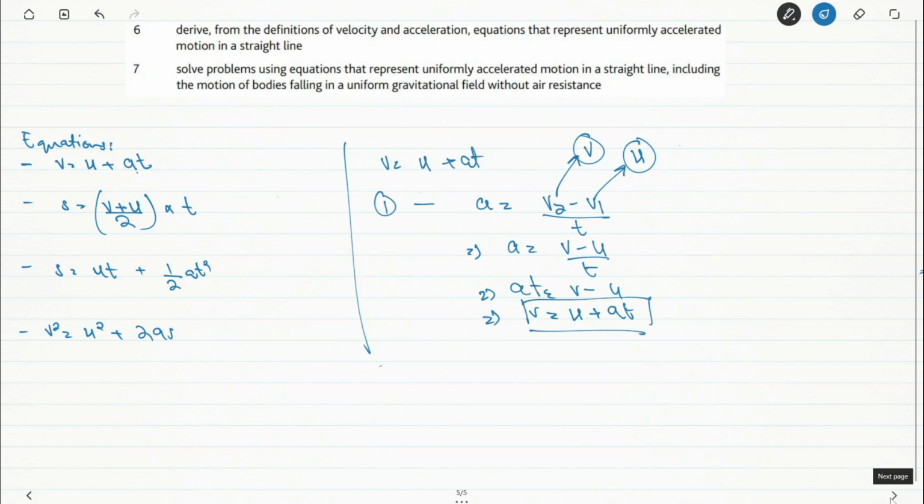Now, moving on. The second equation is displacement is equal to initial speed plus final speed divided by 2, multiplied by time. The formula speed is equal to distance over time, or velocity is equal to displacement over time, considers the average speed for the whole journey.